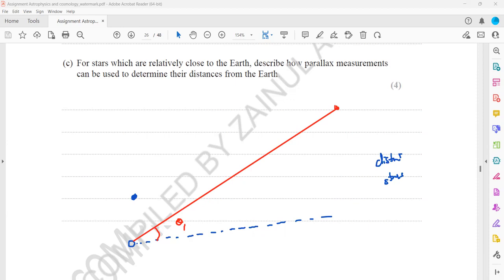Then after a 6-month duration, we measure its position relative to the origin, relative to the distant stars after 6 months.